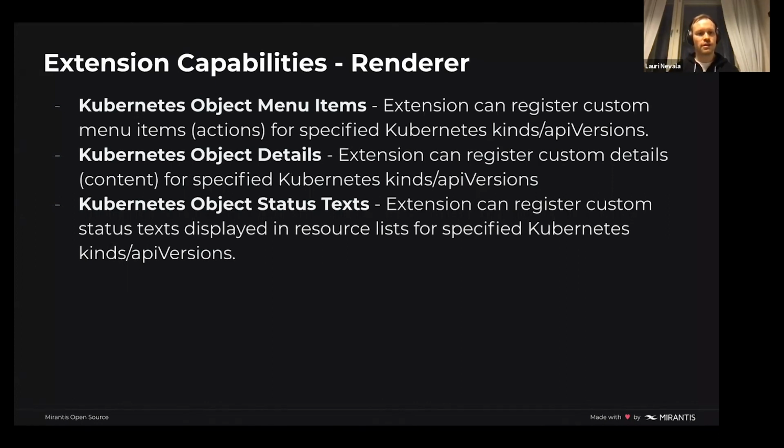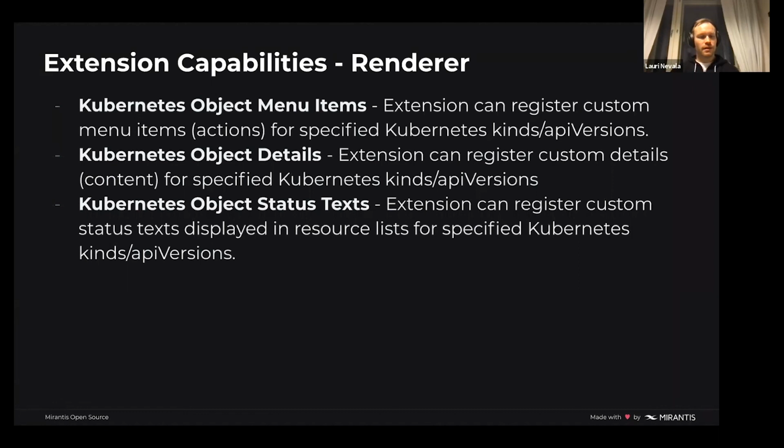So when you click the logs item, you are actually executing an extension, or the functionality is run inside the extension. And then you can register some details for Kubernetes objects, like Starboard was registering those vulnerability issues.